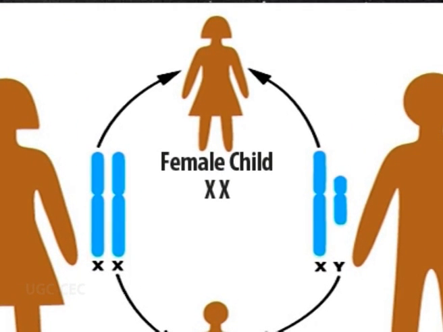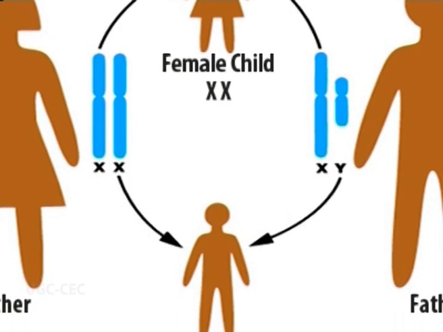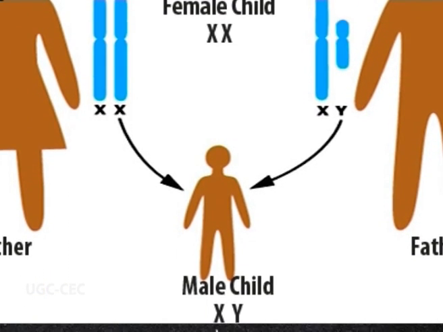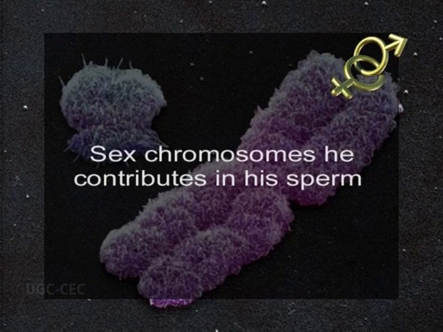If, on the other hand, the sperm contributes a Y chromosome, the zygote that forms as a result of fertilization will have one X and one Y chromosome and will be a male, XY. In humans and many other species, it is the male that is responsible for the determination of sex of the offspring, depending on which sex chromosome he contributes in his sperm.